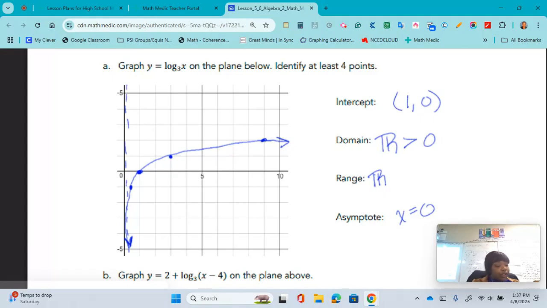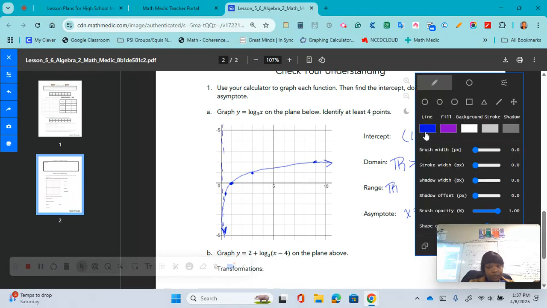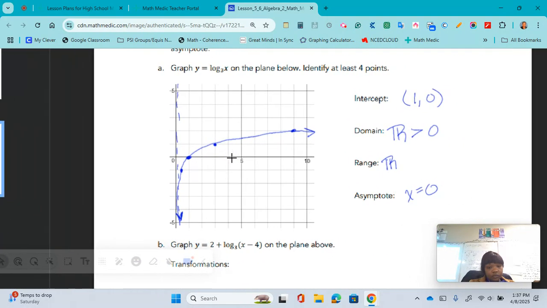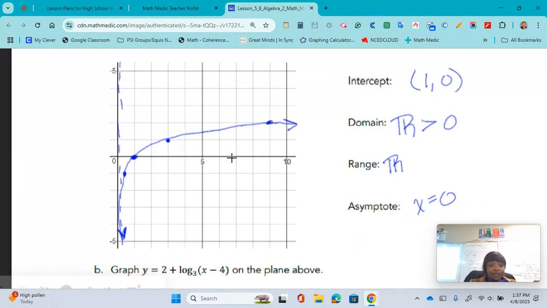Now they want us to draw another graph on the same plane. I'm going to show y'all how we could do this. Change my color. We're going to plug in to try to get this to a value that we could use. Like if we did log base 3 of 3, that means 3 to what power gives me 3?